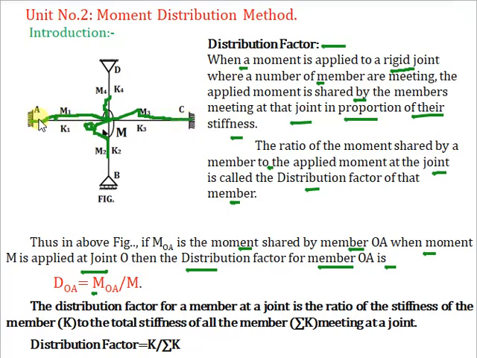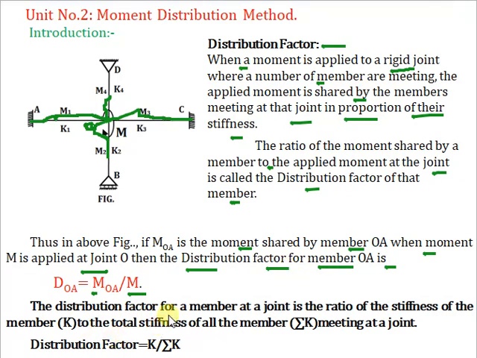So whatever the moment shared by this one member, OA, divided by the total moment applied at the joint, that ratio is called the distribution factor for member OA.